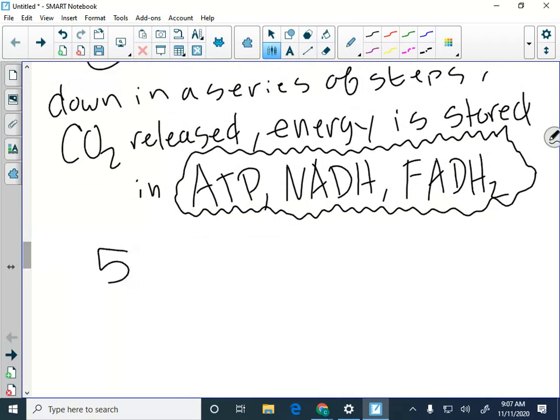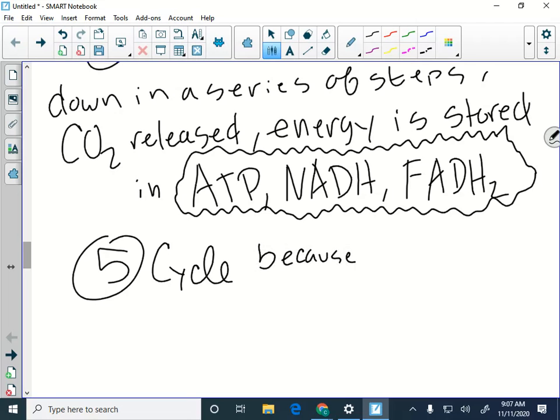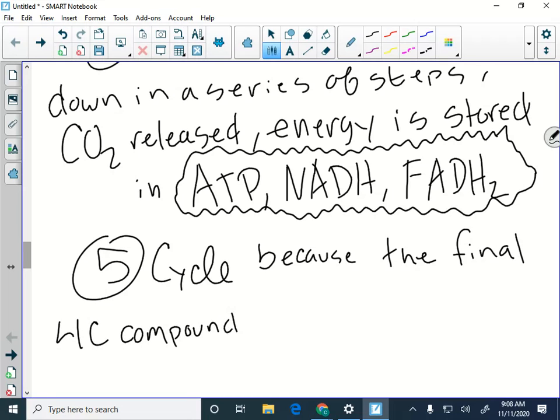But it's a cycle. It's a cycle because the final 4-carbon compound, after all of our carbons from glucose have been released, is the one that started it all.